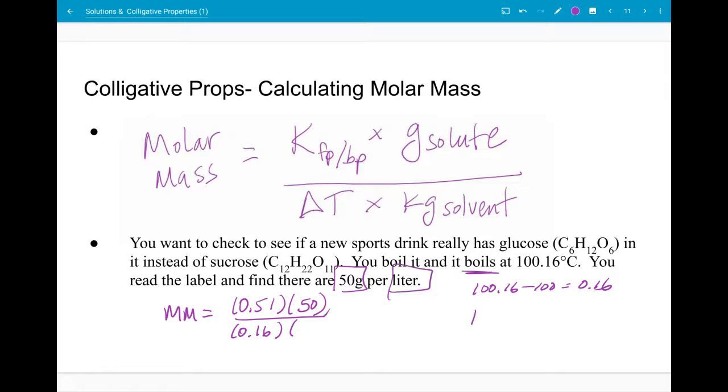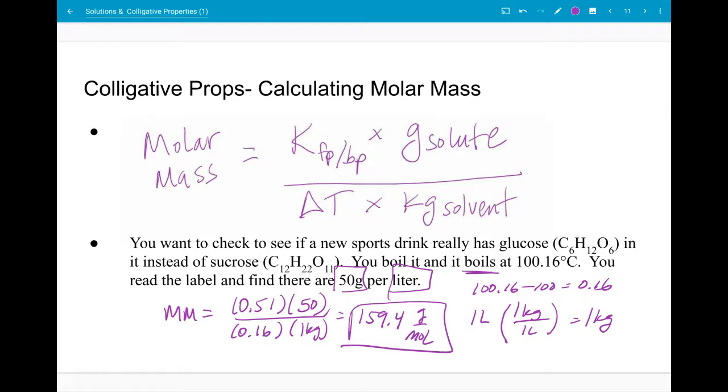And then 1 liter, if I multiply by density, is 1 kilogram. So if I solve that out, I find it to be 159.4. By the way, the units of molar mass are grams per mole. And you find that that's closer to the glucose molar mass than sucrose.